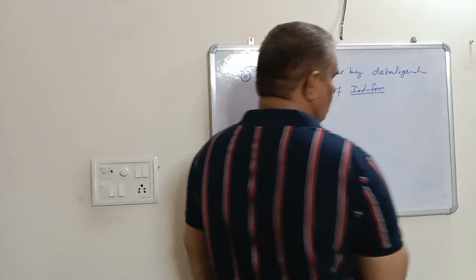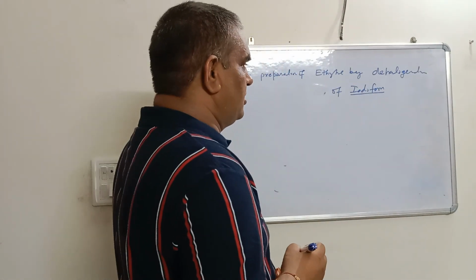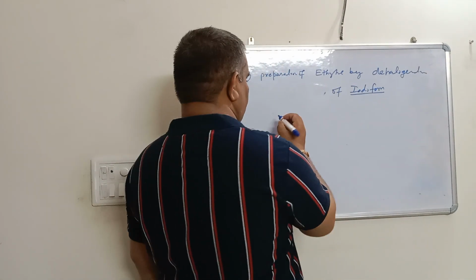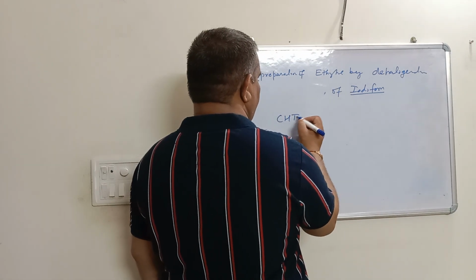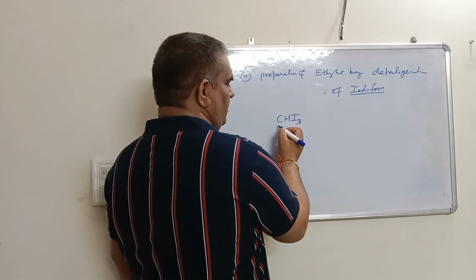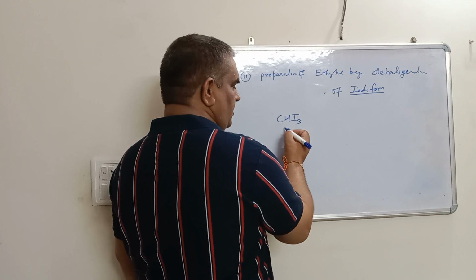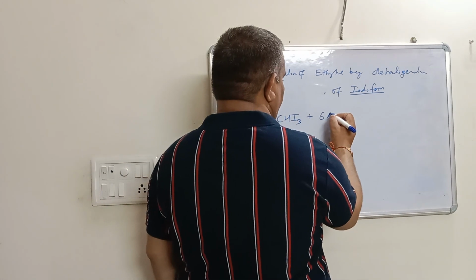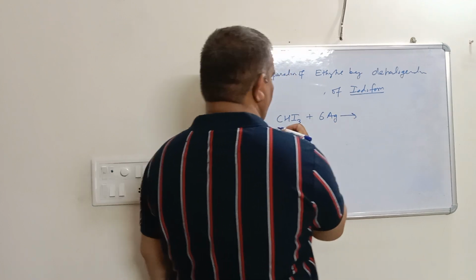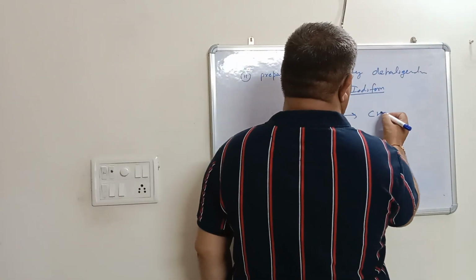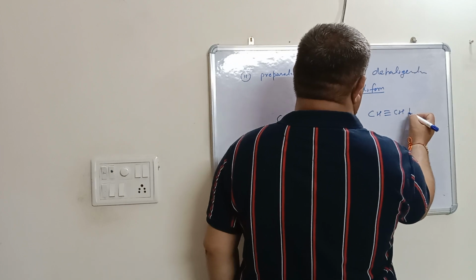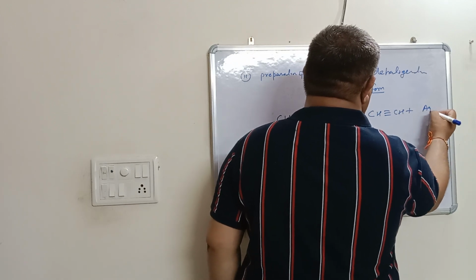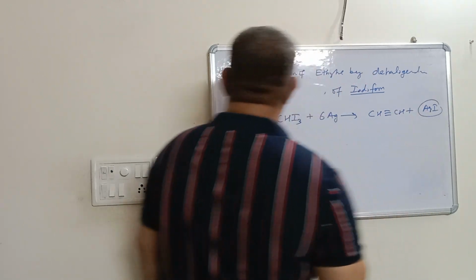Dehalogenation means the removal of halogen, and this is iodoform CHI3, triiodomethane, a compound of yellow color, and it reacts with silver, and through dehalogenation forms acetylene, and the side product is silver iodide. This is the reaction.